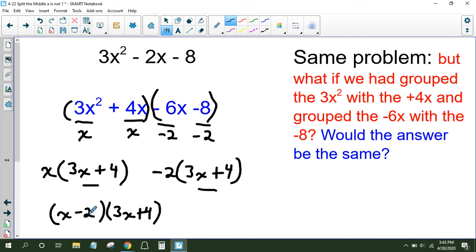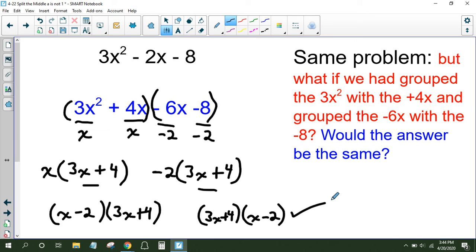Okay, and this time again, we have x minus 2 times 3x plus 4, which is the exact same thing, right? Because if we're multiplying, the order doesn't matter. Okay, so we could even rewrite this if we wanted to, the 3x plus 4 and x minus 2. Okay, and we got the same exact answer.